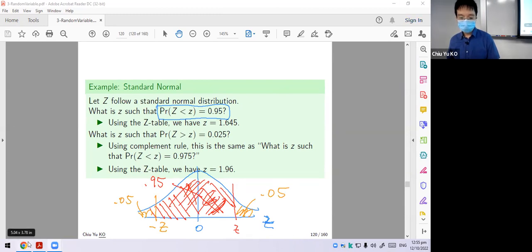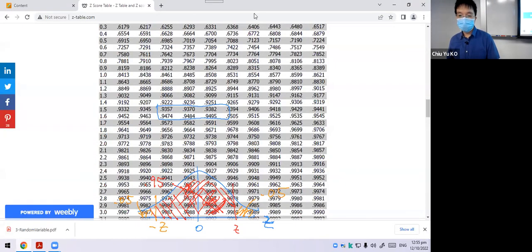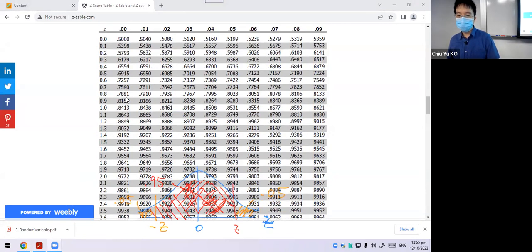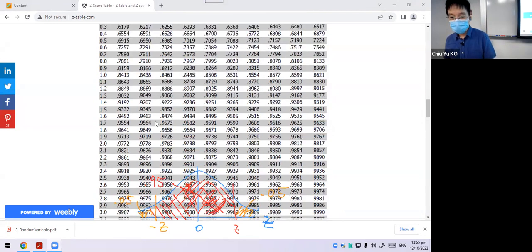What we're going to do is just reverse what we did. We look at the numbers in the cells and check which is closest to 0.95. We just keep going because it will be somewhere here.